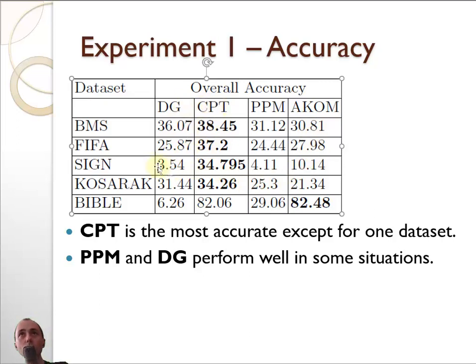On some databases like SIGN, our model is really good at almost 35%, while some other model has a 3.5 and so on. So what it means is for such data, it is important to look at more than one or two symbols, and maybe the noise also is important. That's why maybe the model performs better.